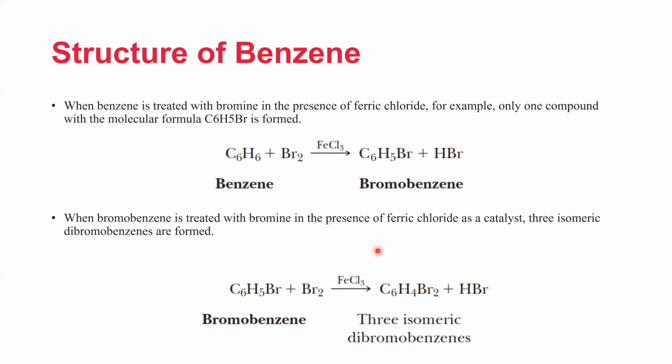But that is not the case with benzene. We do not observe the simple addition reaction when we react benzene with any of the halogens. Why is it so? This lack of reactivity for simple addition, unlike alkenes and alkynes, is explained by two main theories.